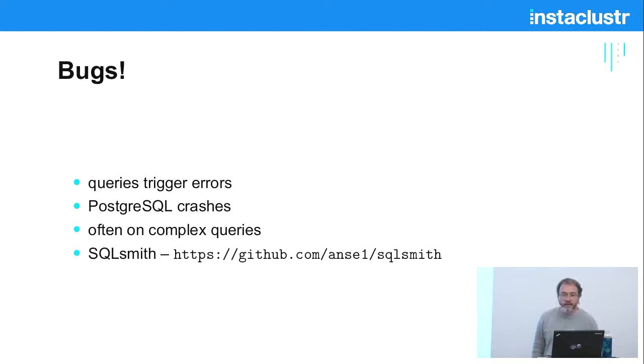SQL is a complex language, as we've already learned in an earlier talk today. And some queries actually trigger bugs in the Postgres server. Of course, there's an extensive test suite that Postgres is running, but no test suite can cover everything. And sometimes Postgres even crashes.